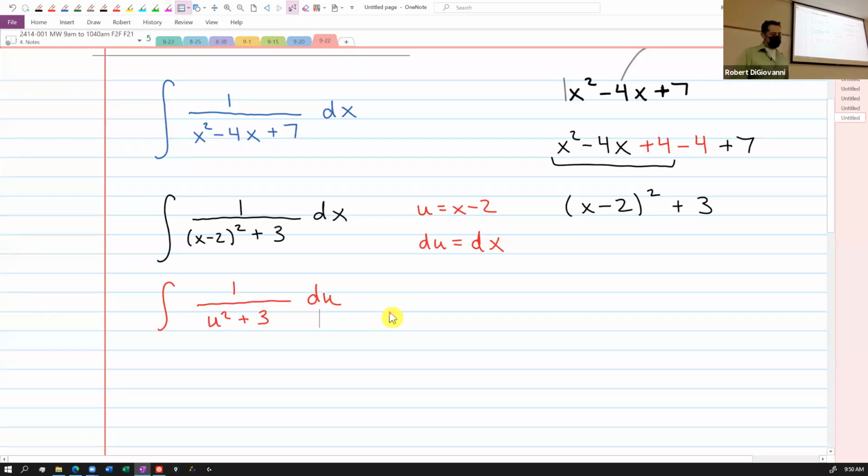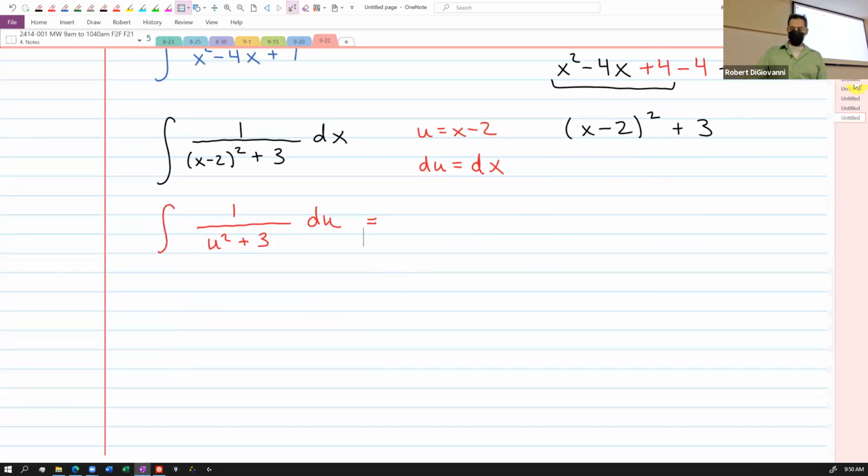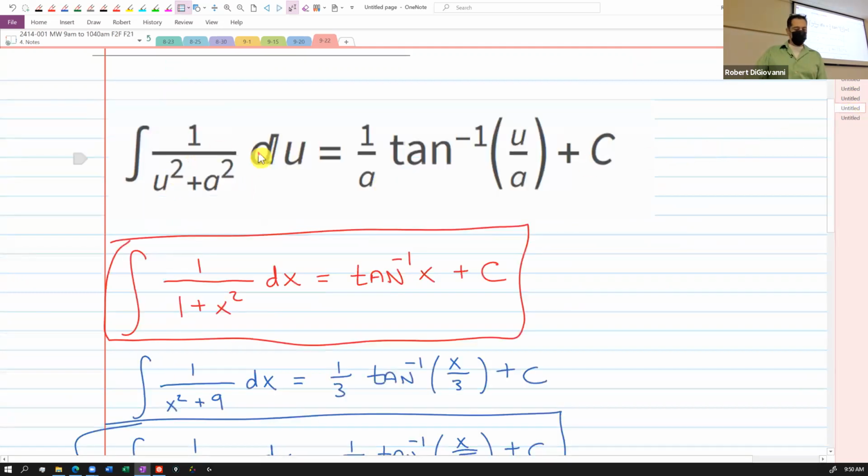Yes. So from formula 17 this should be equal to, see, a here is root 3. Using the formula, it's 1 over a arctangent of u over a plus c.